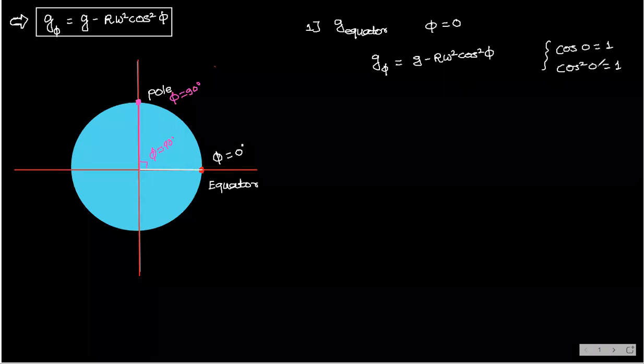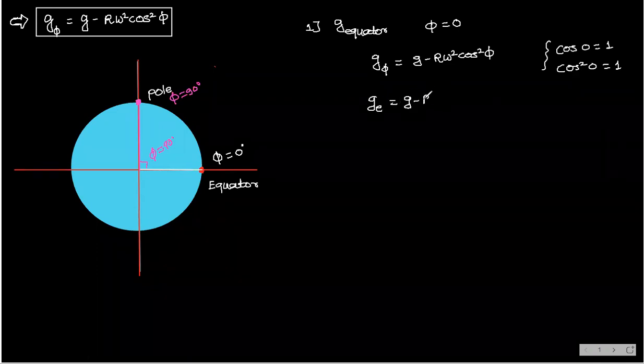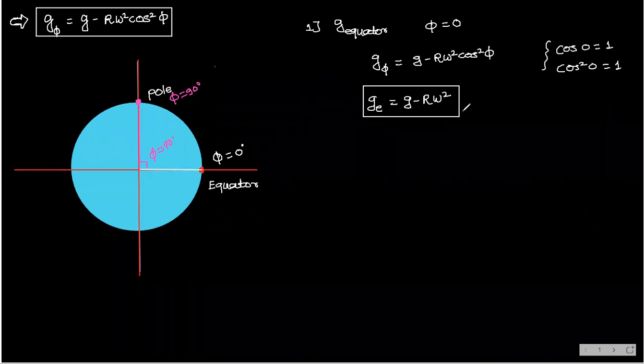So here g at equator, g_E, is equal to g minus R omega square. We are subtracting the R omega square factor from the actual gravity, so this will be the minimum value. So g_E is minimum.